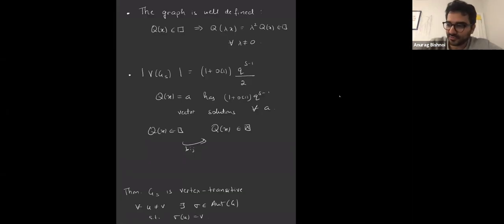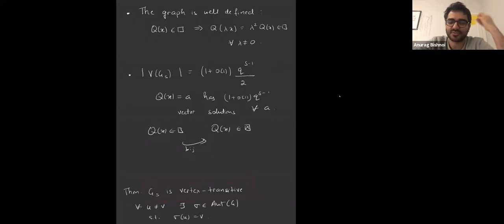Okay, so these are the 2 facts I'll just take for granted, and using these 2 things, I'm going to prove everything else. I hope you're happy with that. This is going to be crucial, because if G_S is vertex transitive, then you can just focus on your favorite vertex.